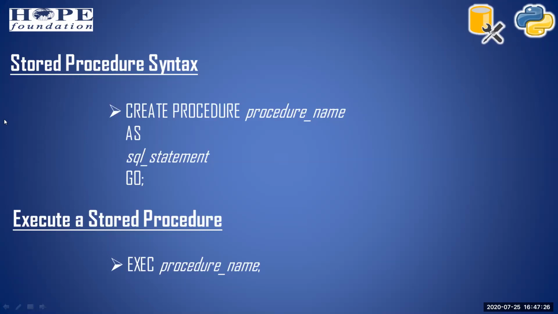Okay, then I'm going to pass some parameter. I give and then I'm going to pass country equal to at country. Okay, so at country is a variable.